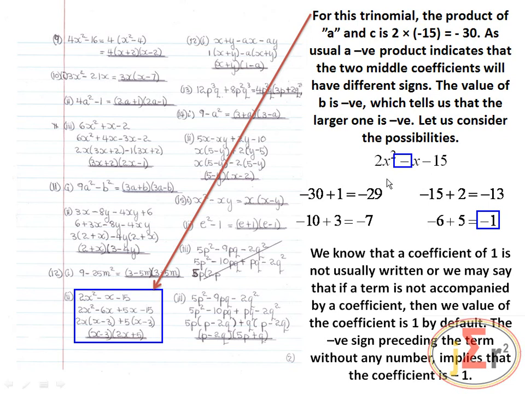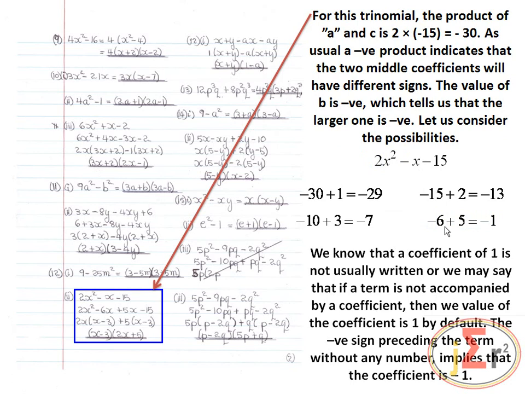So we have no coefficient number here, so we are sure that the coefficient is 1. The sign is negative, so we are sure that the coefficient is actually negative 1. And the combination that gives the negative 1 is negative 6 plus 5, which is correct.